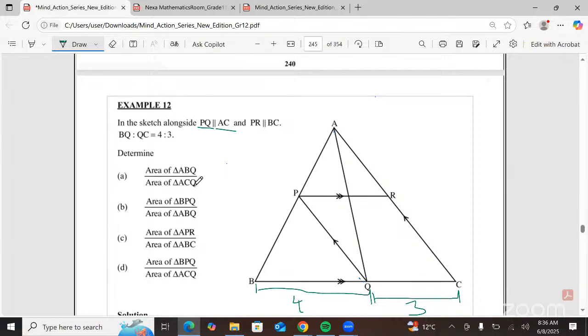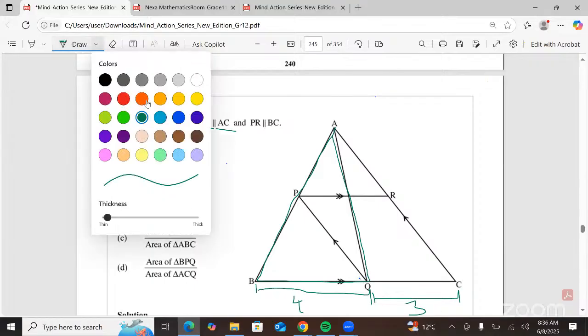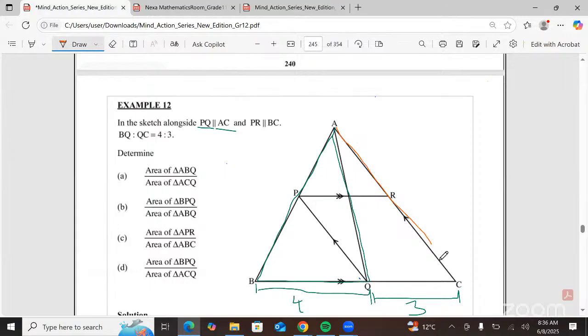The triangle ABQ. Where is ABQ? This is ABQ, all over ACQ. This is ACQ. Okay, but these two triangles will have the same perpendicular height.